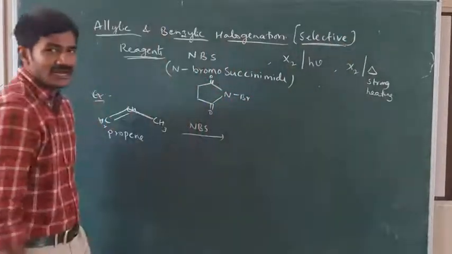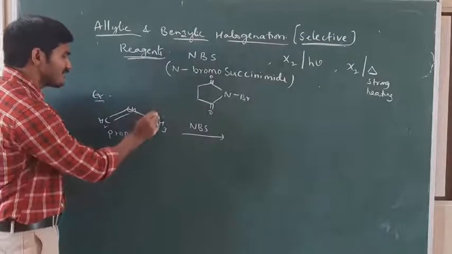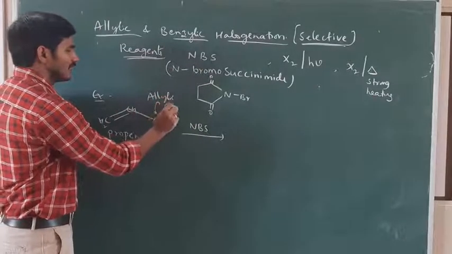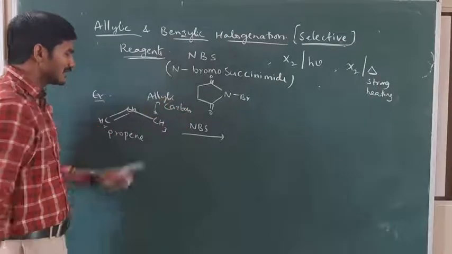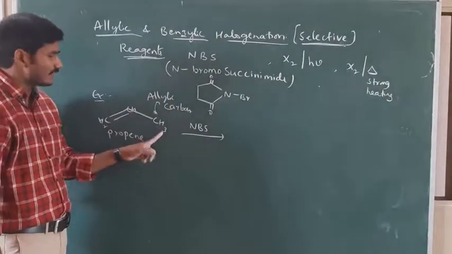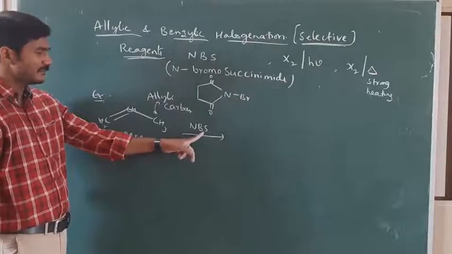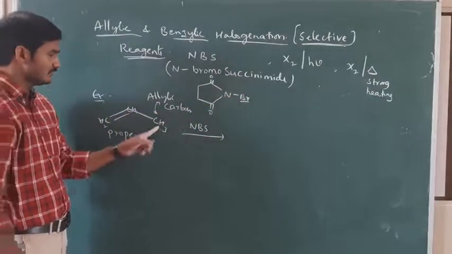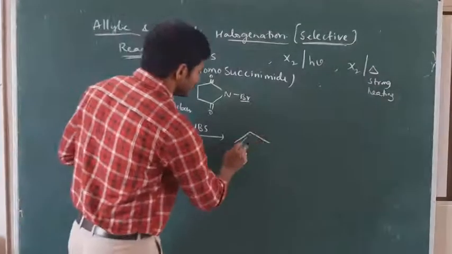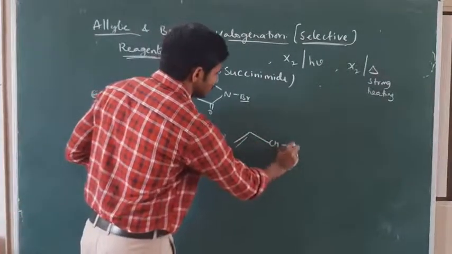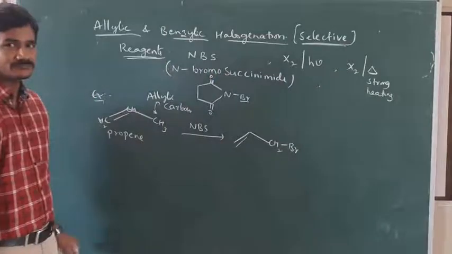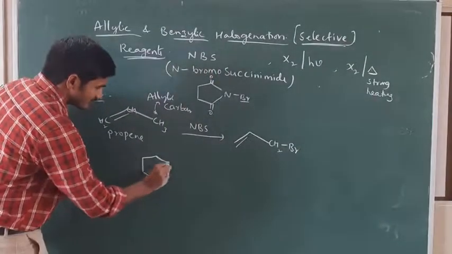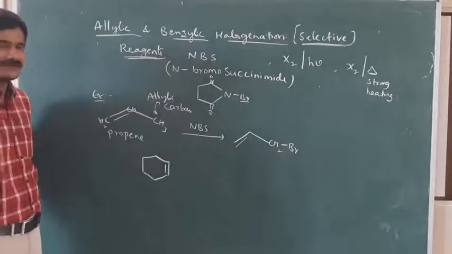This carbon is what? Allylic carbon. At this allylic carbon, one hydrogen you can replace with bromine. Which halogen is there? Bromine. So the product is CH2, Br. Understood the point?